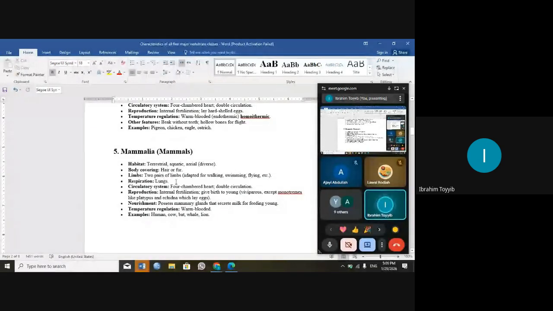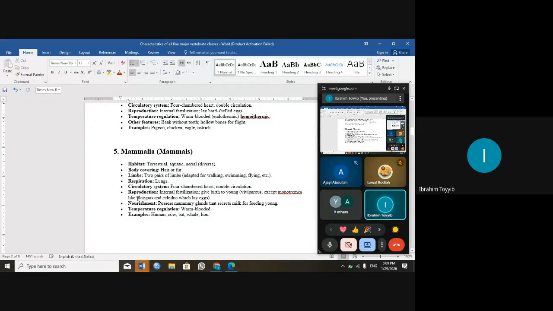We have 2 pairs of limbs, the hand and the leg. We have 4 chambers of the heart also. They are viviparous, that is, we give birth to young alive, except in monotremes. Monotremes are egg-laying mammals. So we have some mammals that lay eggs.